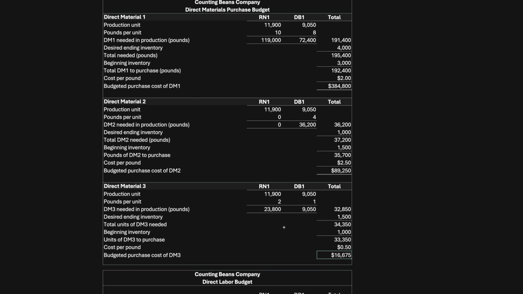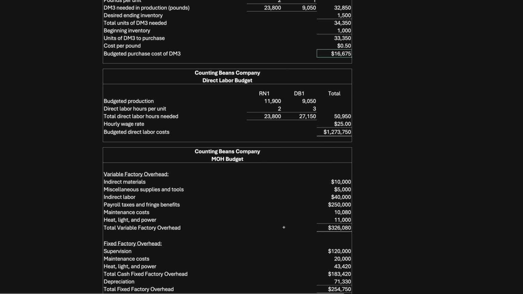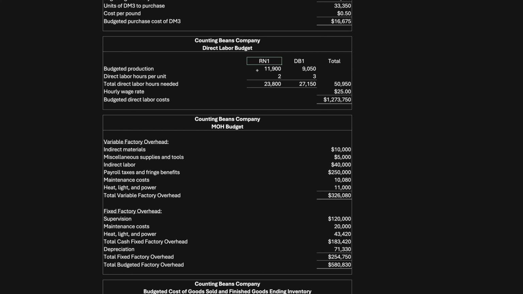We can now move on to the direct labor budget. Let's do that. For direct labor, we are still considering the number of units that have to be produced. Both of these numbers come from the production budget.